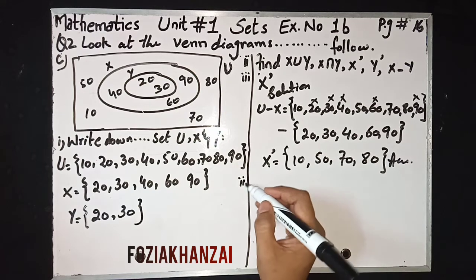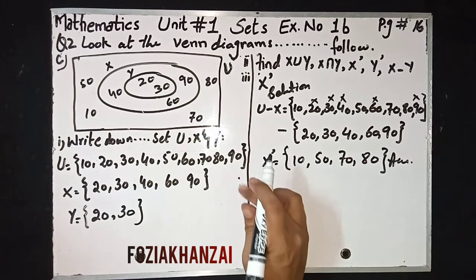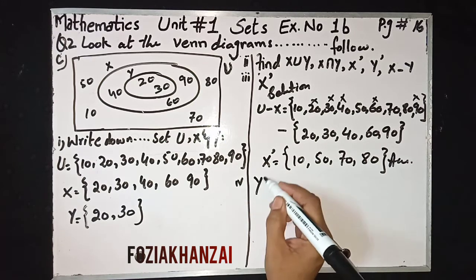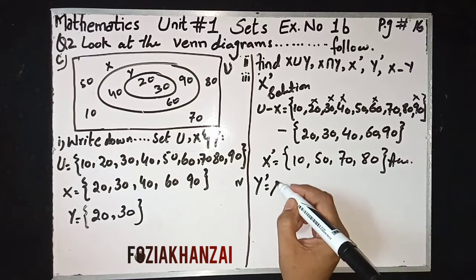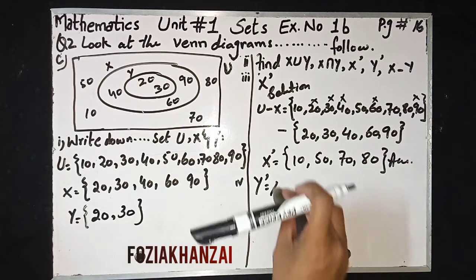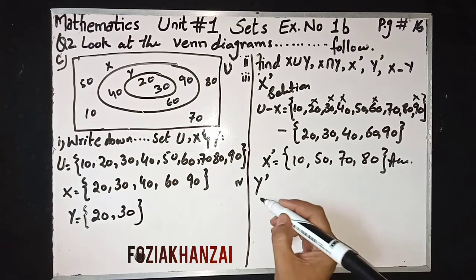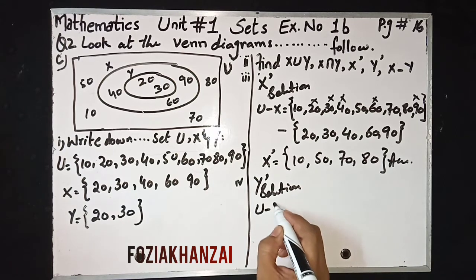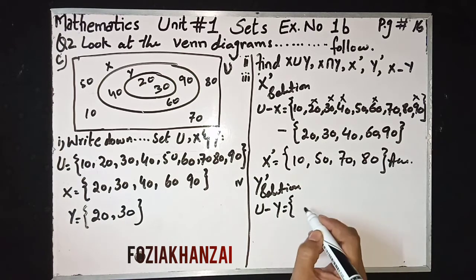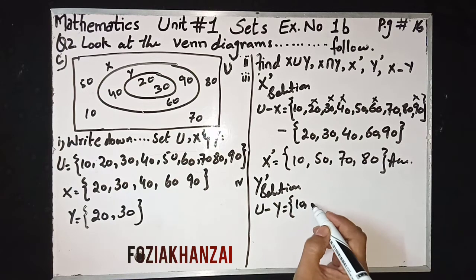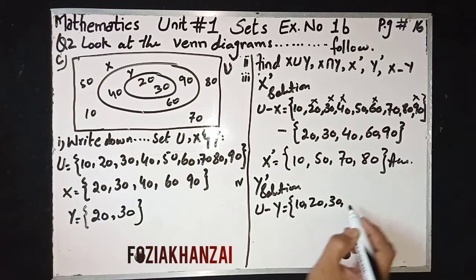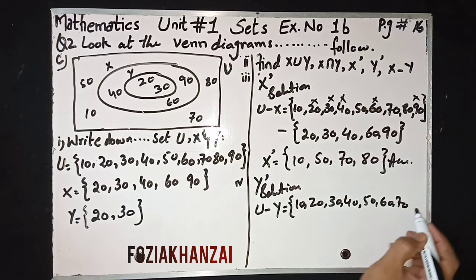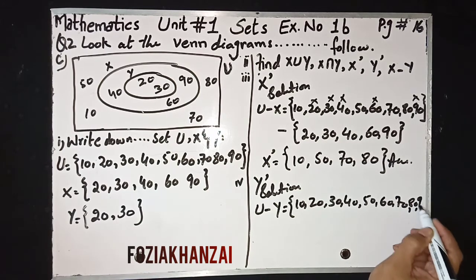Now next part, the fourth one, part 4: find Y complement. For Y complement, first we write U difference Y. So first we copy down the universal set: 10, 20, 30, 40, 50, 60, 70, 80, then 90.